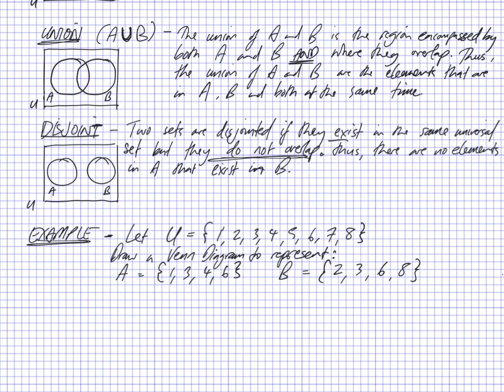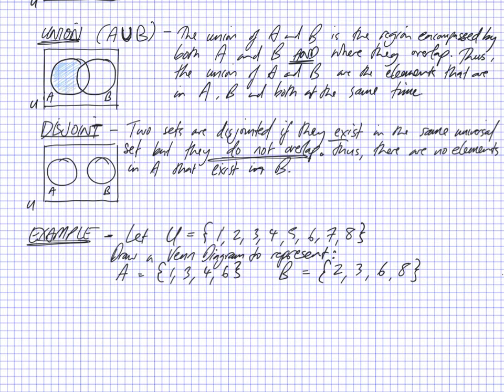So that's different to an intersection because here you have the universal set. Here you have the two sets A and B. The union of A and B is everything that's in A, everything that's in B, and everything that's in both at the same time. So if I could color that in, let's see if I can color it in with this highlighter function.